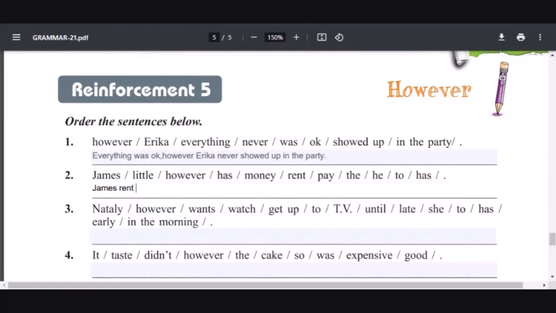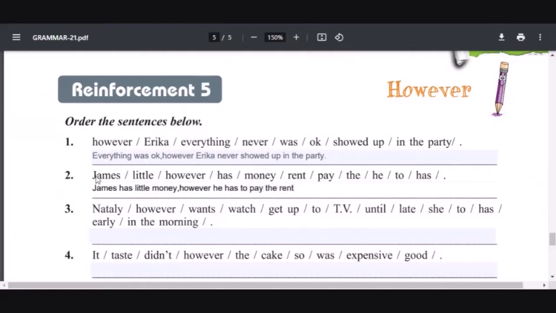Okay, rent. Tenemos todo the rent. He has to pay the rent. Okay, I think it's James has little money. However, he has to pay the rent.